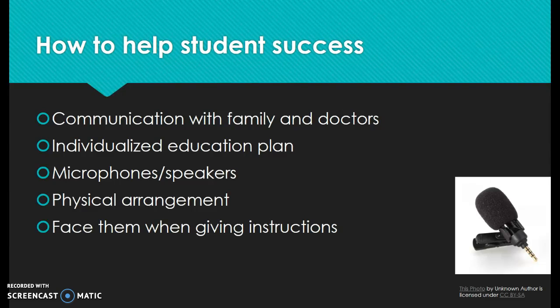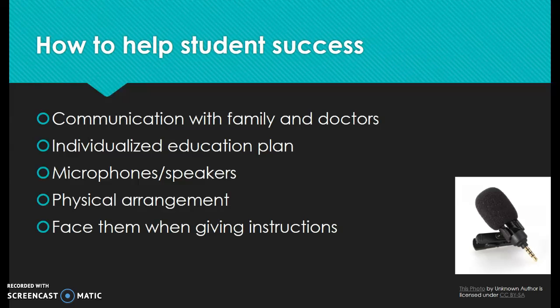When you know that there is a student that has a hearing loss, physical arrangement and where you place yourself is extremely important. You want the student up front or wherever you are giving the most instruction. And when you give that instruction, you want to be facing them, not towards a chalkboard, and you want to speak very clearly.